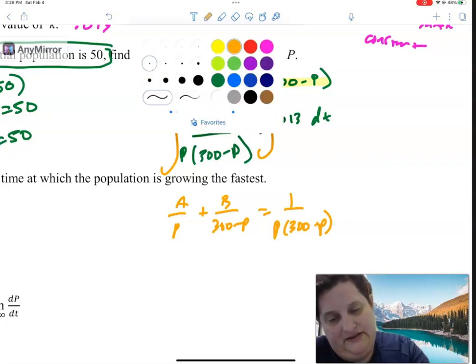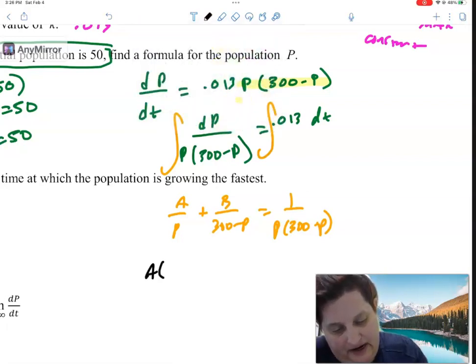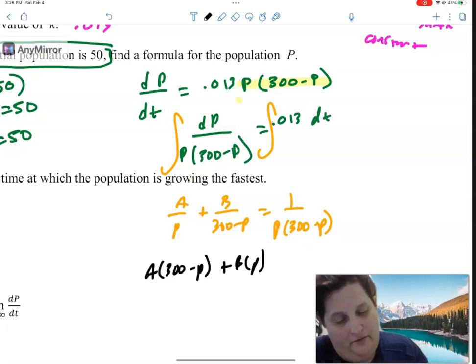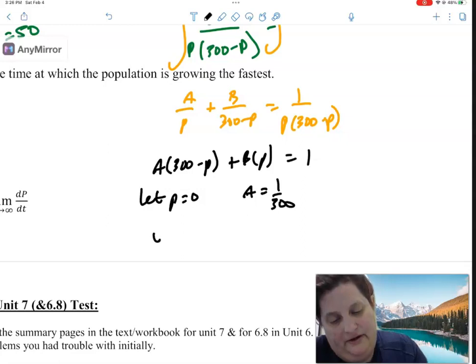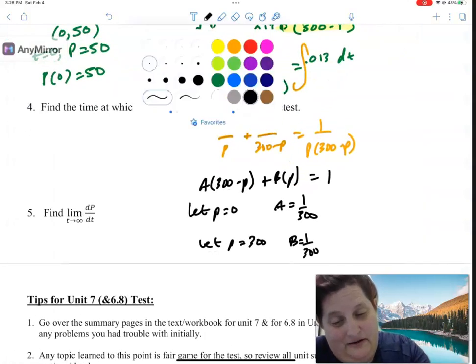Did we realize that this was going to be every time 1 over 300? I think we did. If we let P equal 0, A is 1 over 300. If I let P equal 300, B is 1 over 300. So I think we did figure that out.